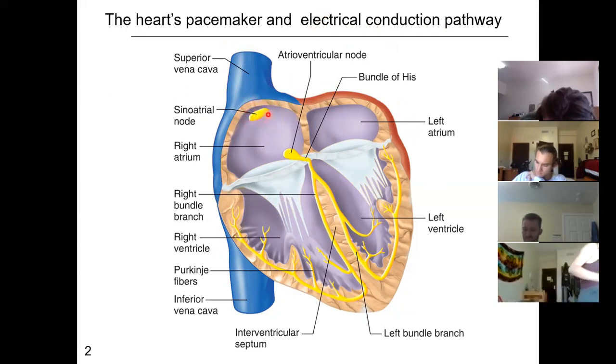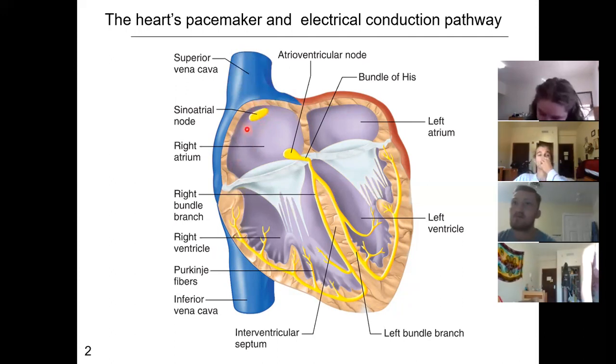That is the part of the heart that sets the pace. And we'll talk about how it does that physiologically in a minute. The rest of the heart follows the pace set by the sinoatrial node, unless there is some disease state.